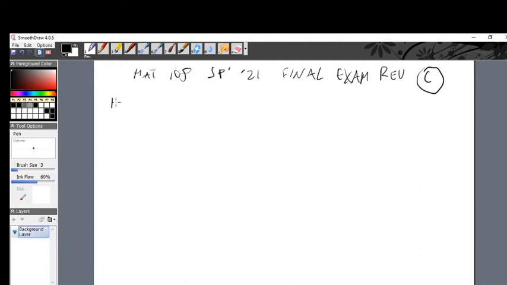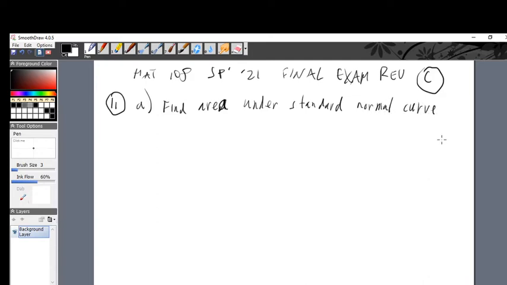Okay, problem number 11. A. Here's what we need to do. Find area under the standard normal curve to the right.